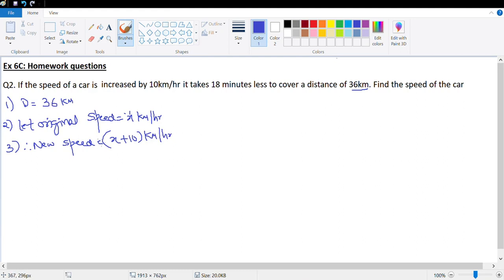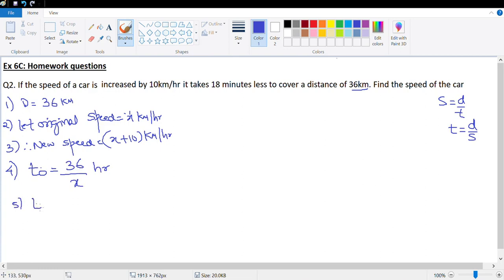Let's figure out what would be the relationship. So time original is equal to, like I said, speed is equal to distance upon time, which means time is equal to distance upon speed. So time original would be distance, which is 36 upon speed, which is x, and this is in hour.